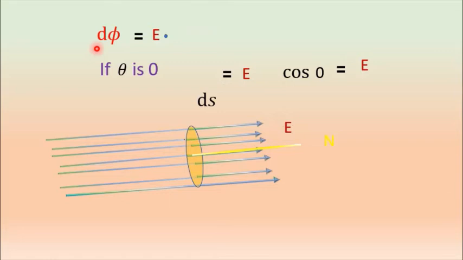Now you know d phi is equal to E dot ds. If the surface is normal to the electric field lines, theta is equal to 0. d phi is equal to E ds cos 0, that is equal to E ds, or the flux is maximum.